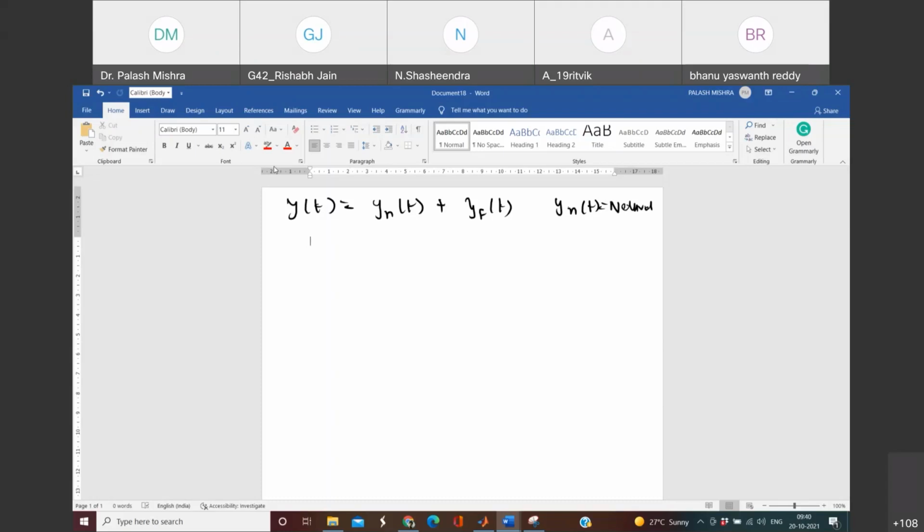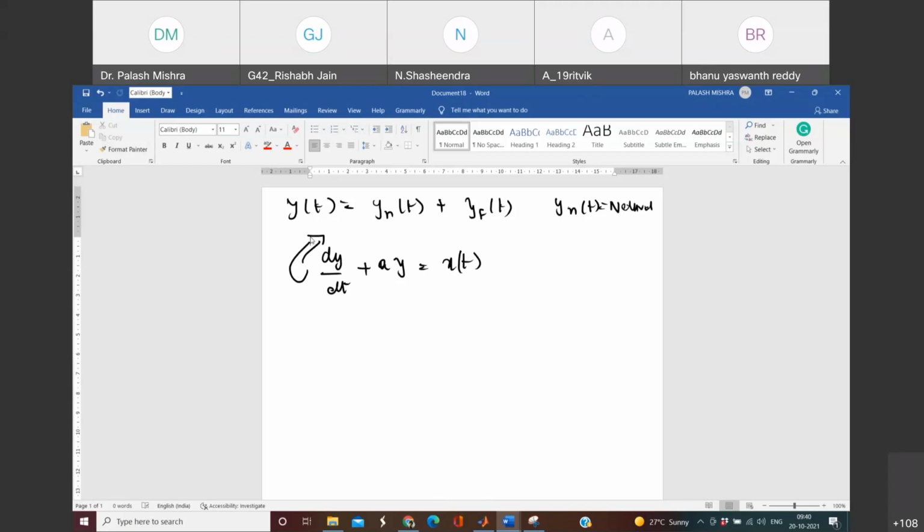Now, our initial equation was something like this: dy by dt plus a times y is equal to x(t). This was our initial differential equation, the solution for which came out to be this one.